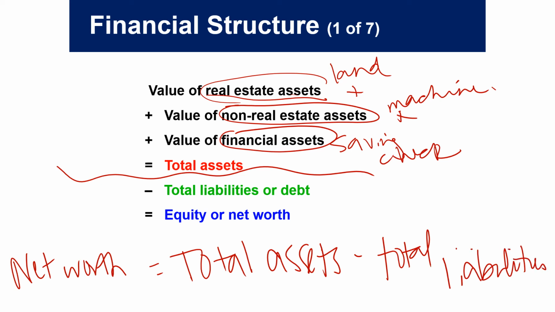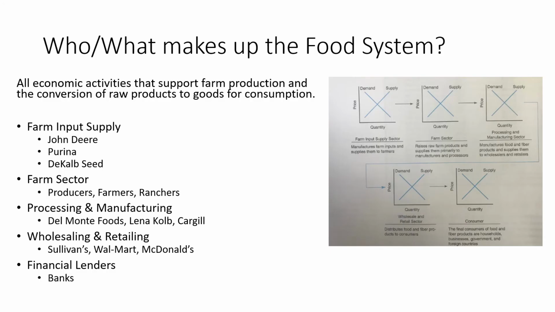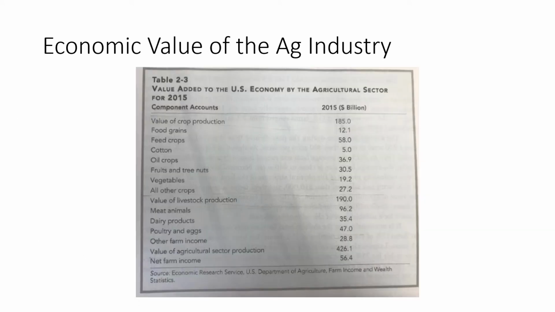Total liabilities are any debts that you may have, which, if you owe money on the machinery or equipment, or you owe money on the land, you'd subtract that out. And then net worth is really the money that you actually have left that could be cashed out. Okay, we're going to skip that one.